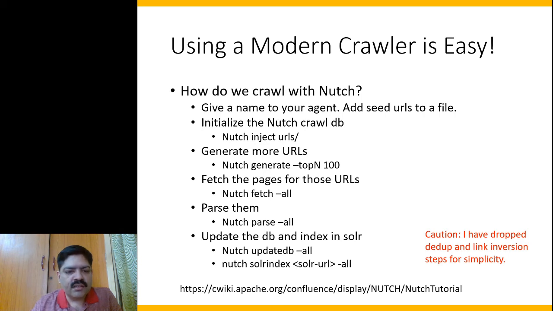There is a library given to you for that. You could also do link inversion to know which links are associated with which pages, instead of it being the other way around, with pages carrying links. I have dropped them here for simplicity, but you should look at the tutorial which explains these things in detail.